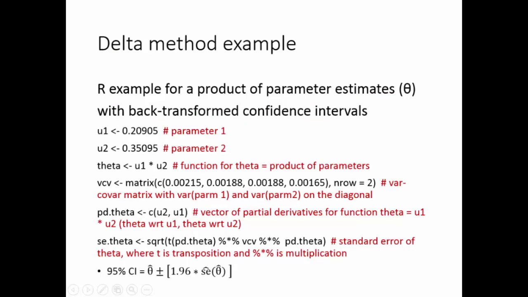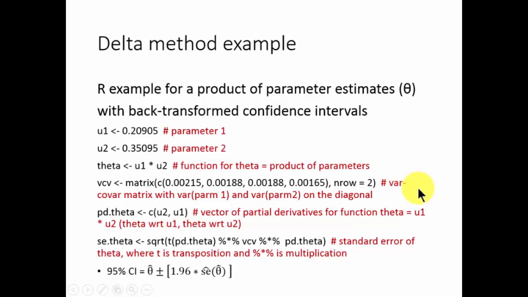Here is a delta method example for the product of parameter estimates using program R. I recommend copying the script into R and becoming familiar with the calculations. U1 is the estimate for parameter 1, U2 is the estimate for parameter 2. This line contains the function for theta as the product of parameter 1 and parameter 2.